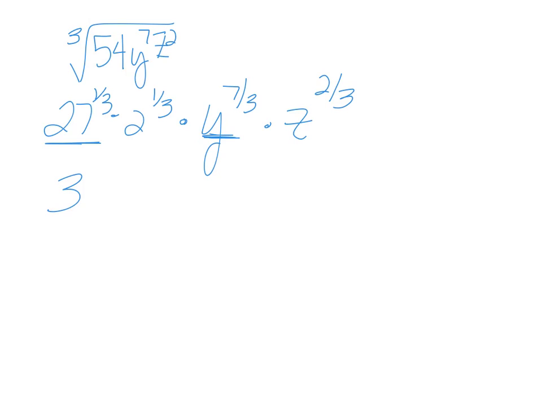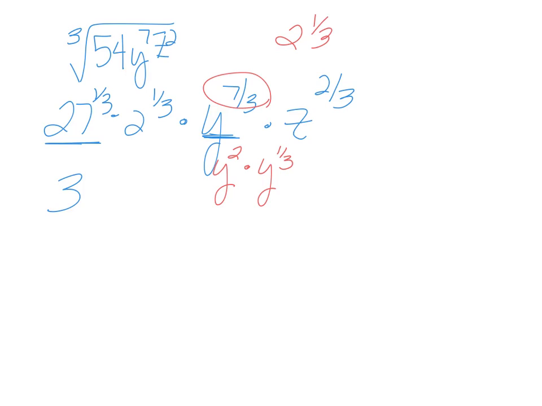This one gives me, like I said before, y squared times y to the 1/3. Because 7/3 is an improper fraction. If I change it to a mixed fraction, I would have 2 and, because that's 6, yep, and 1/3.